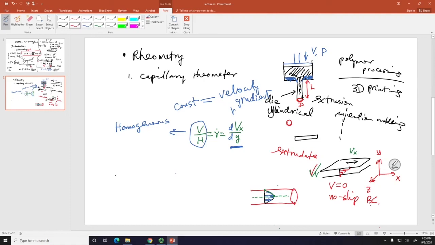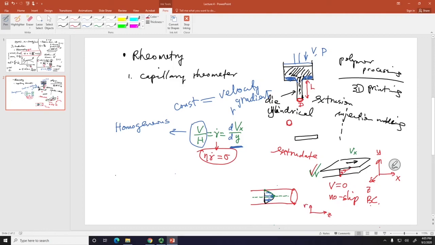Since velocity gradient implies stress, according to Newton, I want to introduce the concept of shear stress in a capillary flow case. The two directions that are important in cylindrical geometry are simply the z direction and the r direction.